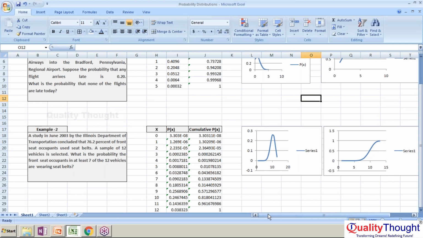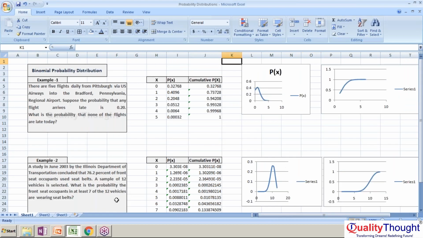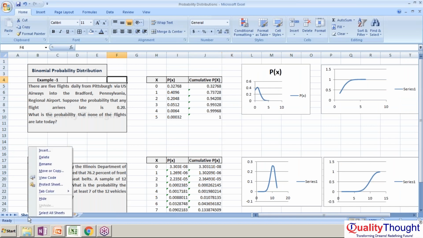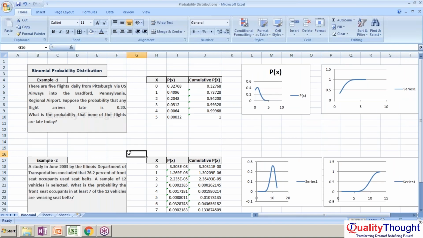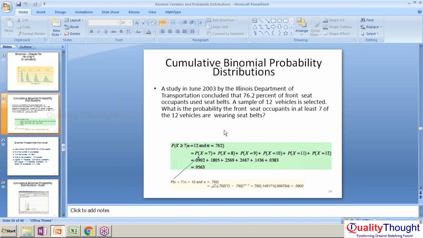Now rename binomial. So I'm not required to explain this one. We have just now seen this, and I know you understood how we verify these binomial distribution probabilities from the Excel sheet, right or wrong?